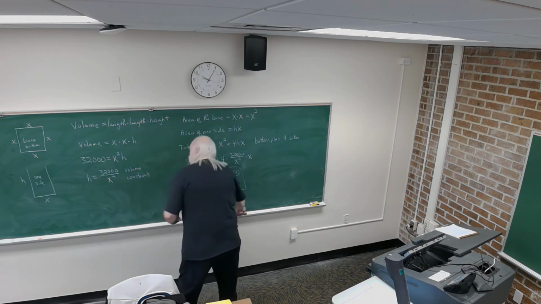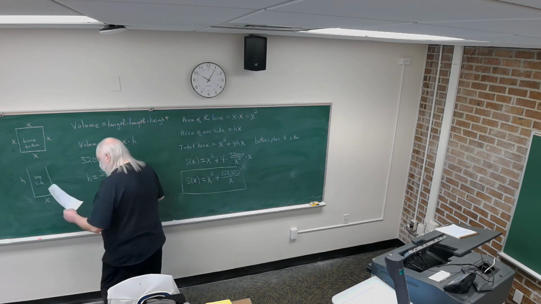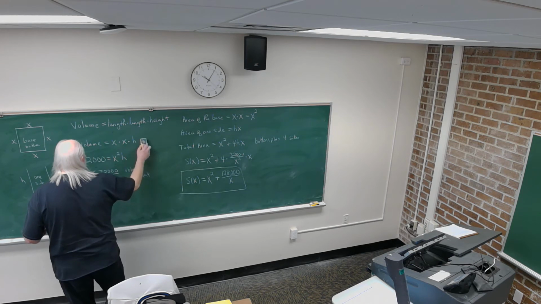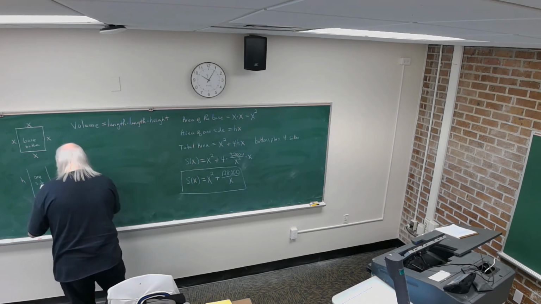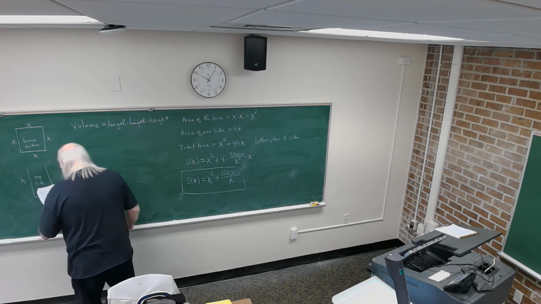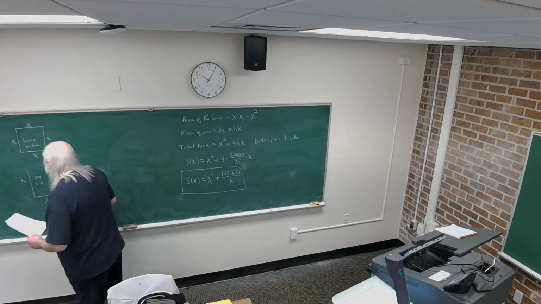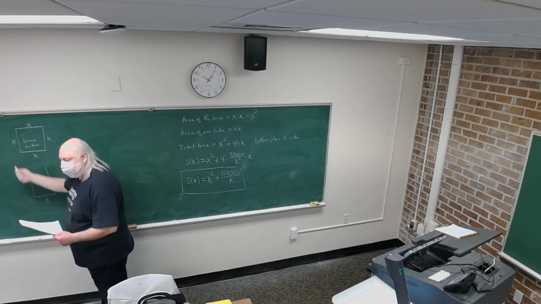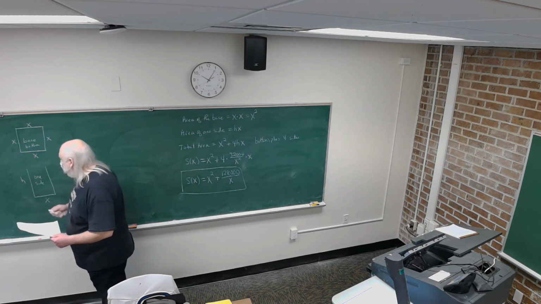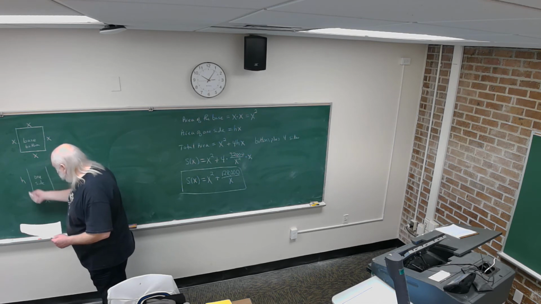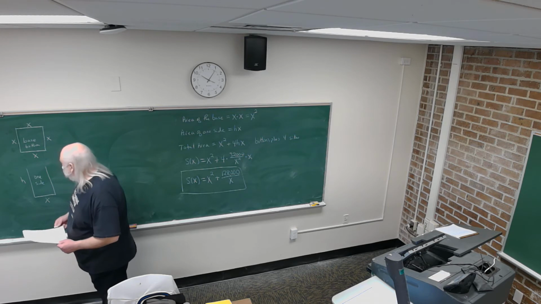Okay. So this problem has the same pictures. Right, the bottom of the box has a square base, x by x, okay, and the area of one side of the box is h times x, right, where h is the height of the box.